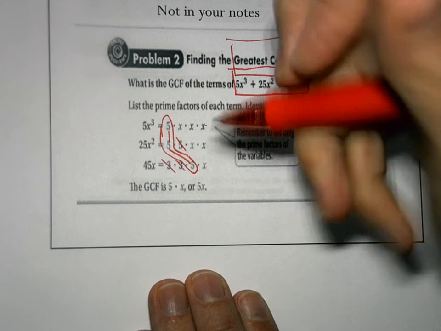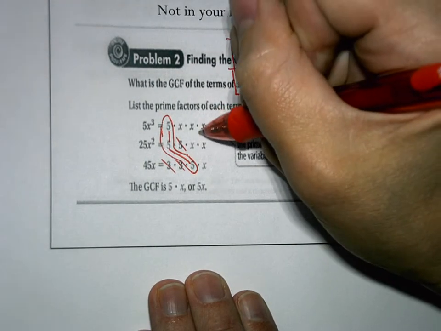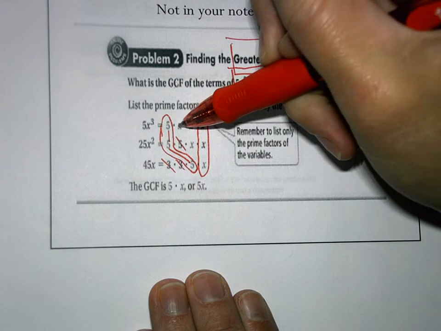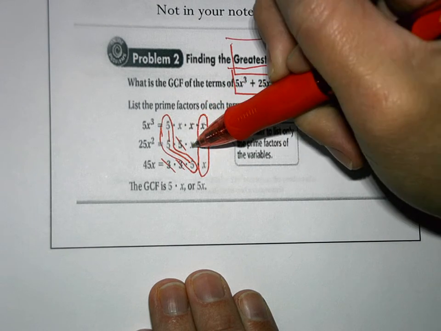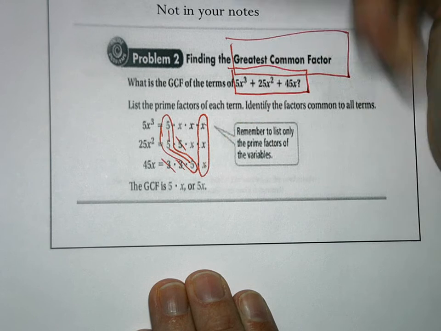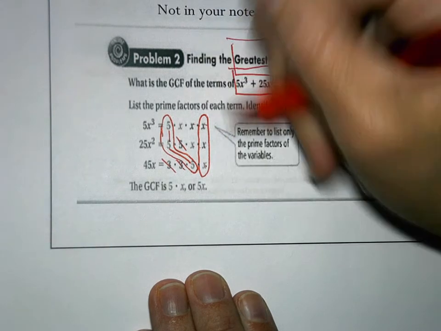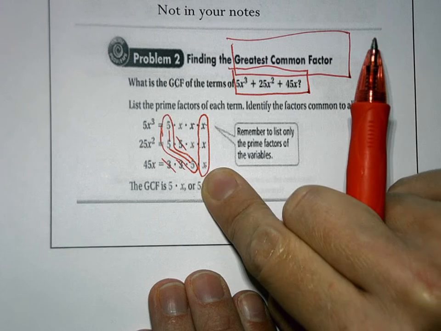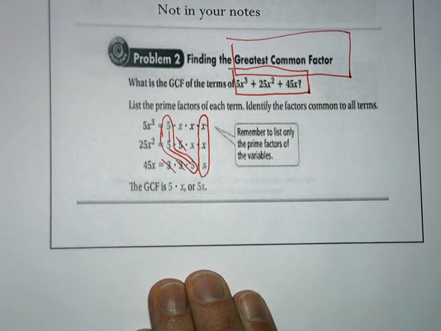So then if you look here, each one of them has an x. Now granted, this one has 2 x's and this one has 1 x, but they all have to have it. So the most amount of x's we can take out is 1x, because all of them have to have it in common.